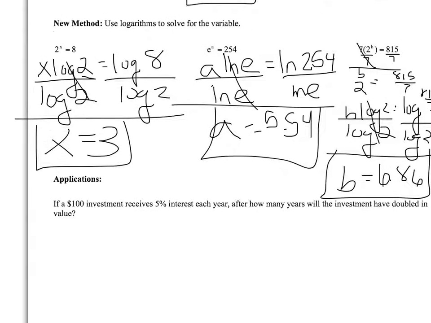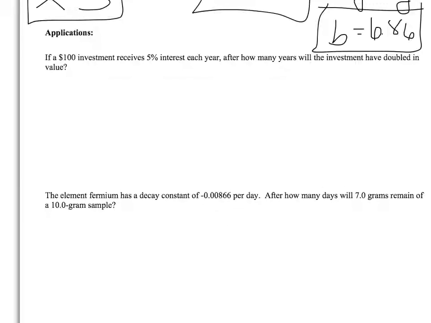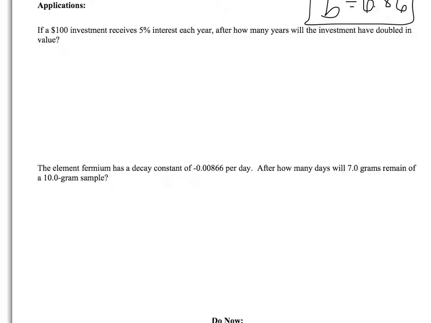A couple application problems. Now on the Regents exam, they will have to give you the formulas I'm about to give you. If $100 invested receives 5% interest each year, how many years will it take the investment to have doubled in value? The formula they have to give you is y equals p times 1 plus r over n to the nt.